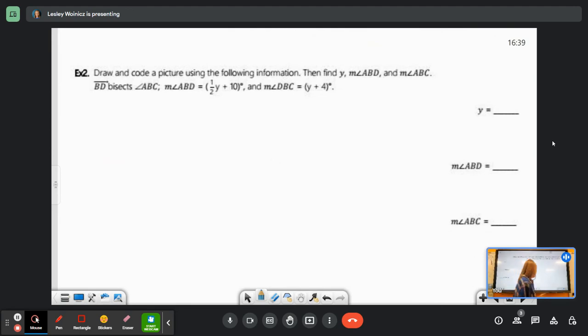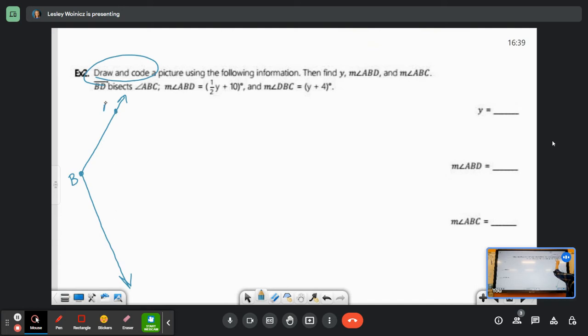Okay, so we have to draw and code again. We know that BD bisects angle ABC. Okay, so first I'm going to draw ABC. Okay, B has to be my vertex because it's in the middle of the points listed for my angle.